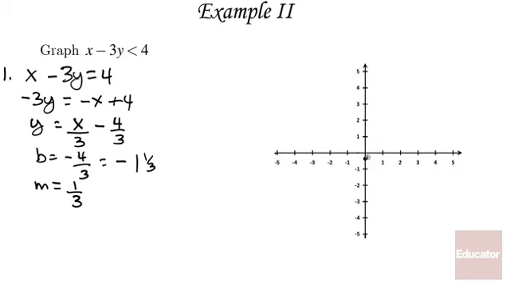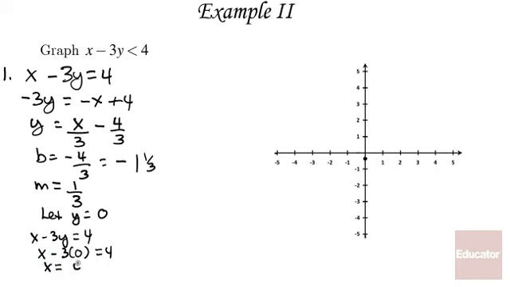And I could find another point, or I could just go ahead and use my slope. Either way would be fine. I'm going to actually find the x-intercept, since I think it'll be easier than working with these thirds. So I'm going to let y equal 0 to find my x-intercept. So x minus 3y equals 4, or x minus 3 times 0 equals 4.